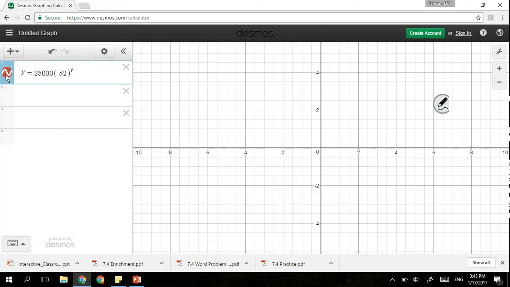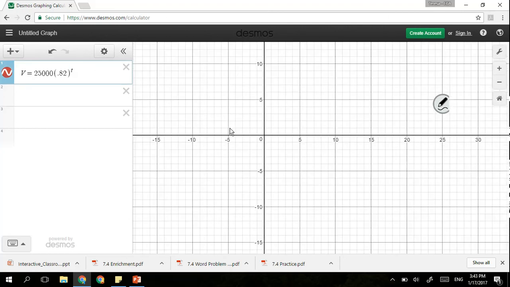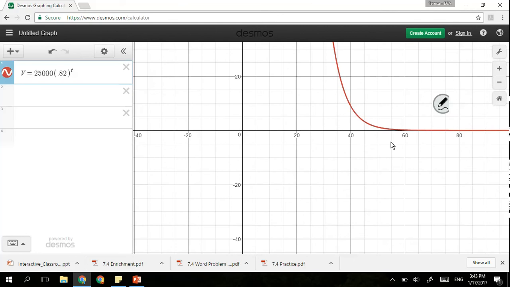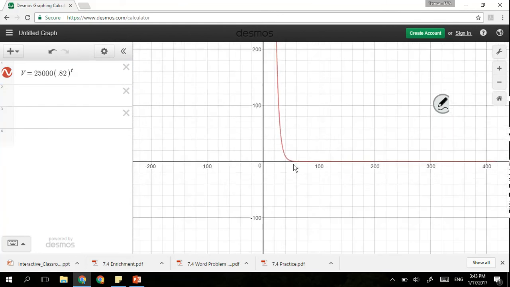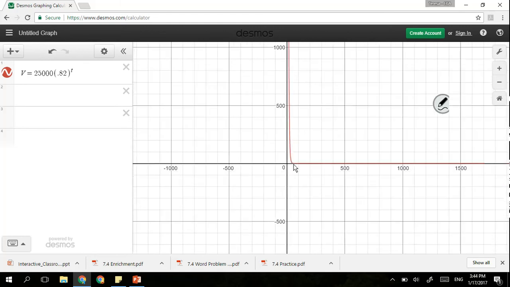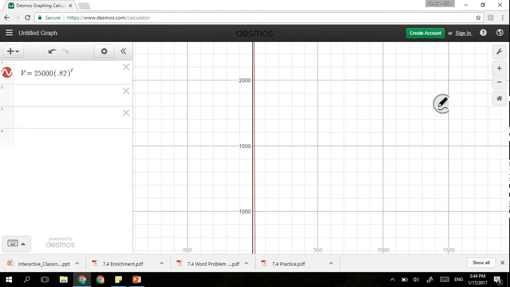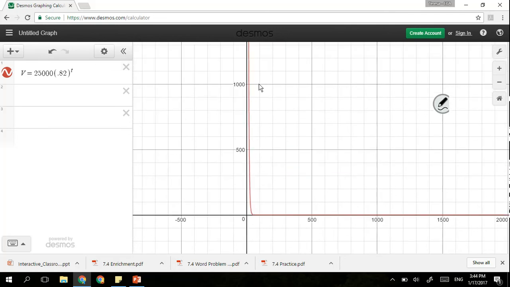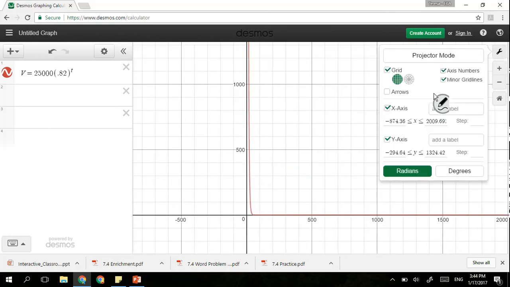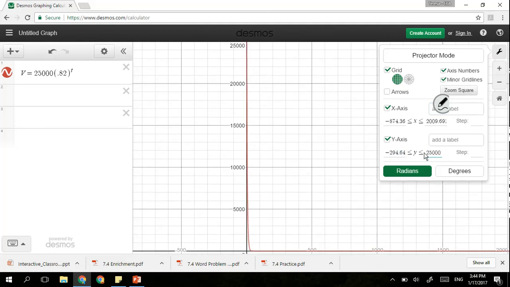Why is it not graphing? Oh, it's over there. Okay, so you can just play with the scrolling. So if we're looking at this, this is going to be the graph. We were talking about starting at 25,000, so I want to go up to 25,000 at least.